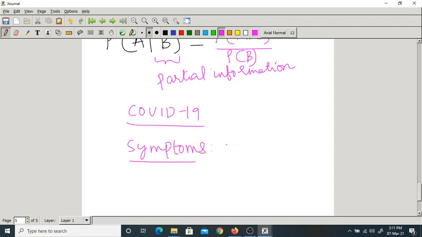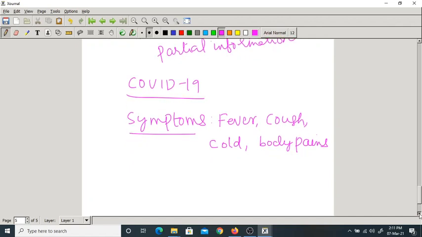The general symptoms are fever, maybe cough, cold, body pains. Now suppose there is one person who has got fever. He is suffering from fever. Now, we have to find out what the probability is that he will be COVID positive given that he has a fever.